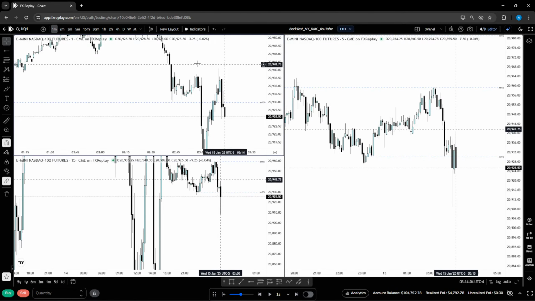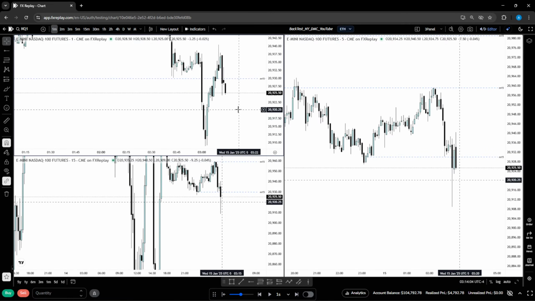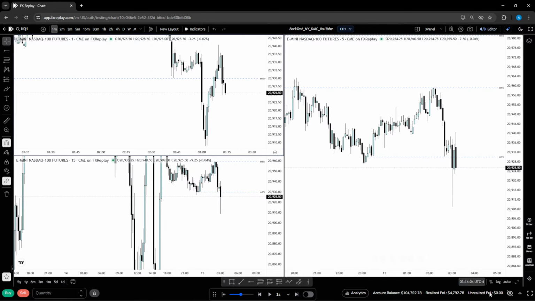So sweep of liquidity above here and breakdown of the price.